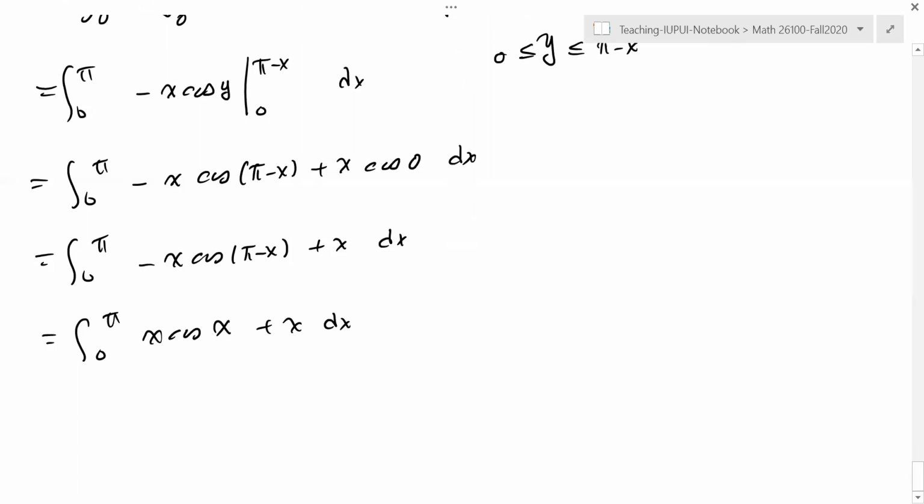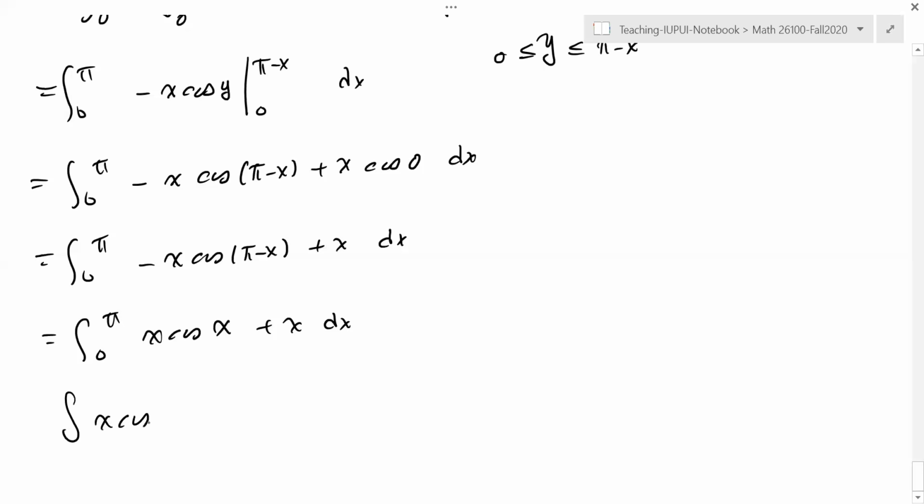Now you have to evaluate this integral, and you have to use integration by parts. Let's try the second one.